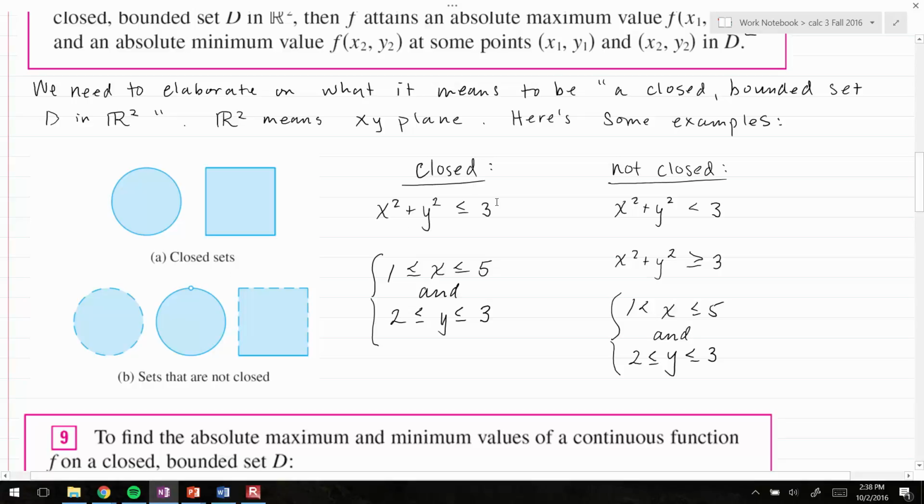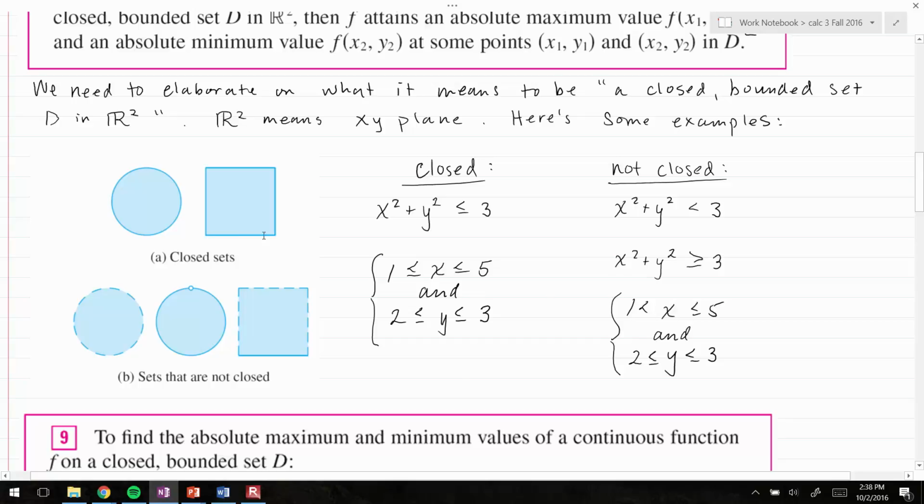So some more examples here. Closed set. Here would be a bounded circle centered at the origin, x squared plus y squared less than or equal to some constant. You cannot have greater than or equal to, because that would be outside the circle. That would be unbounded. You can't have the dotted line, which would be the less than there.